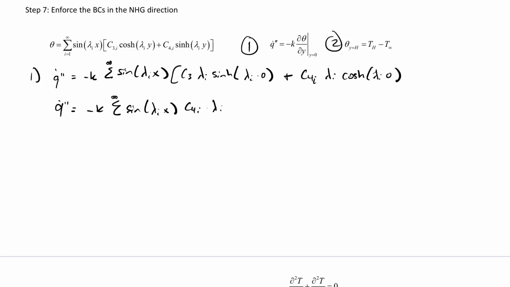Use orthogonality. So we're going to multiply both sides of this equation by our eigenfunction, which is orthogonal to this series.